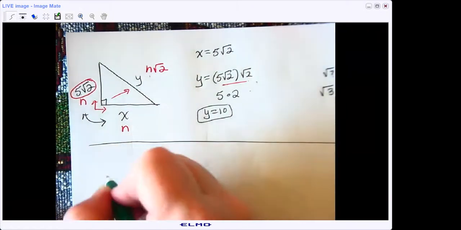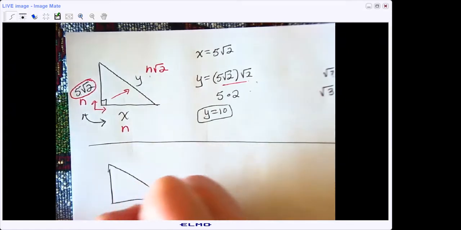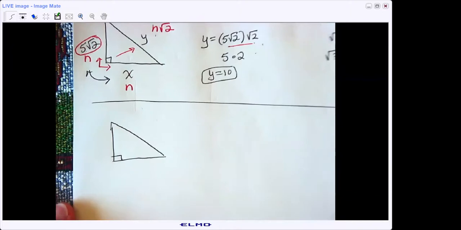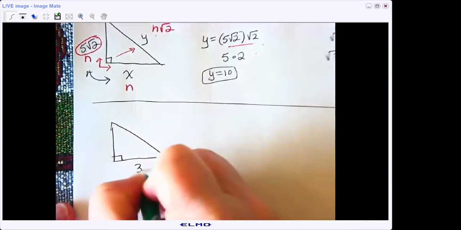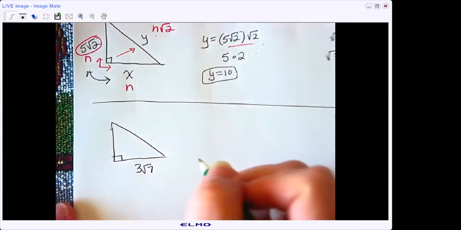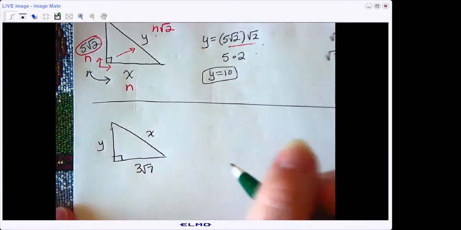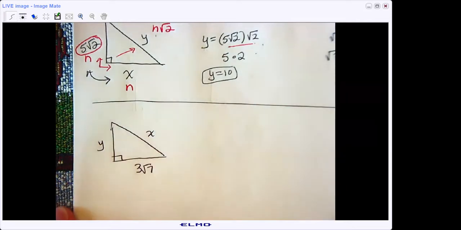Let's look at the next one. This time we have 3 root 7, y, and x. Okay, what's the first thing we need to do?